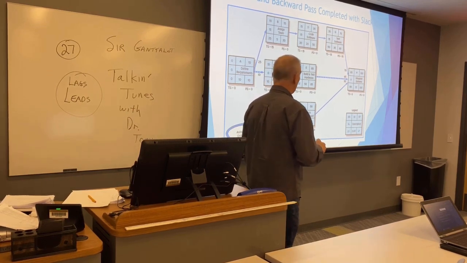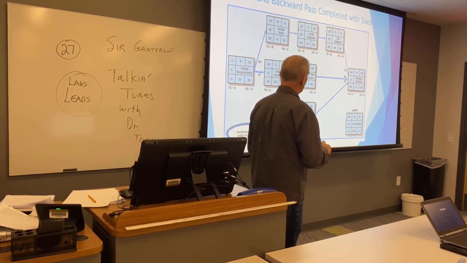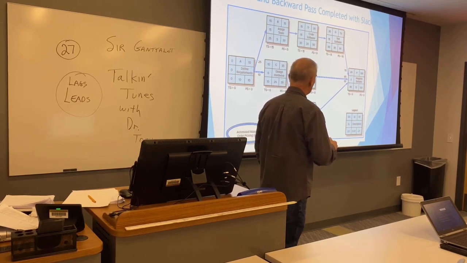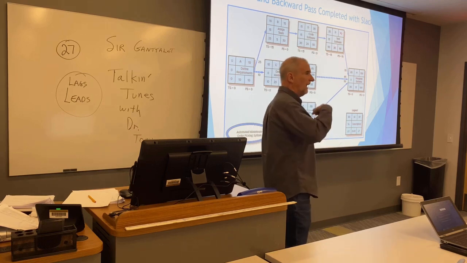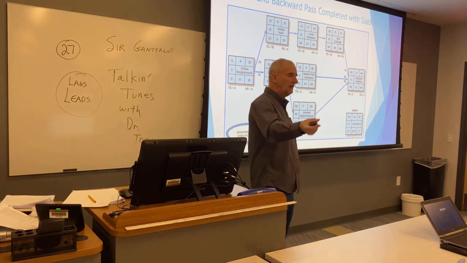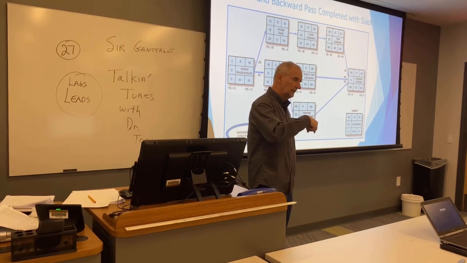Or I could go on vacation earlier and start this later because I got 15 days slack, okay? So, I told you wrong. This is 70 days. So I can only take a 15-day vacation. I can take that 15-day vacation at the end of that activity.